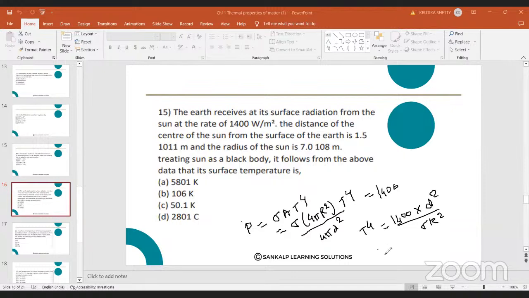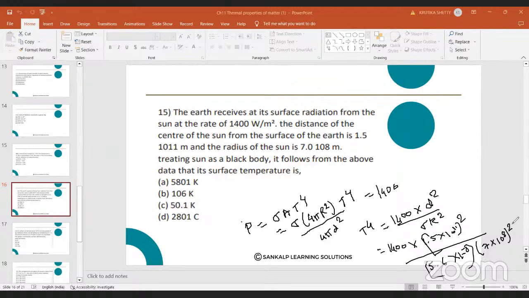Okay, so if I substitute the values here, that is 1400 into d square, which is 1.5 into 10 to the power 11 whole square, divided by the sigma value, a constant, 5.6 into 10 raised to minus 8, into r square. R square is how much? It is 7 into 10 raised to 8 whole square. So take down this and calculate T. You may simplify it. So T is equal to, check, you should get the answer A.